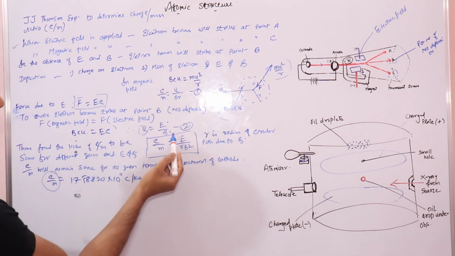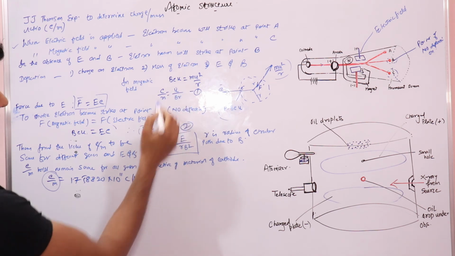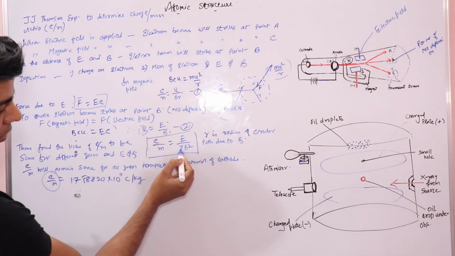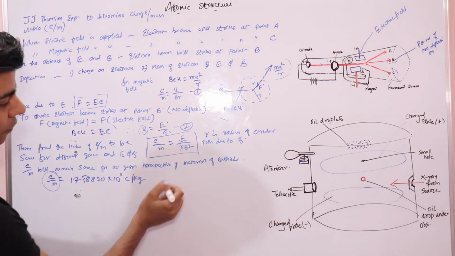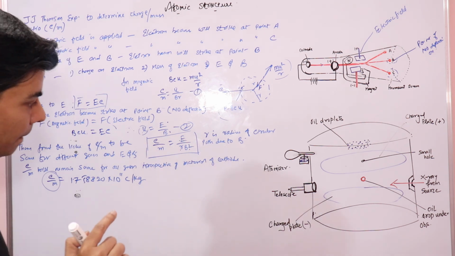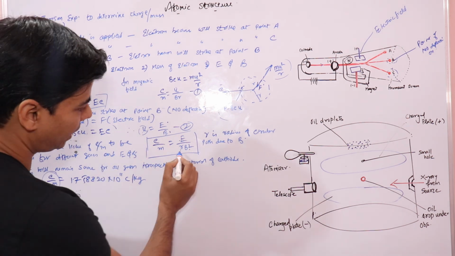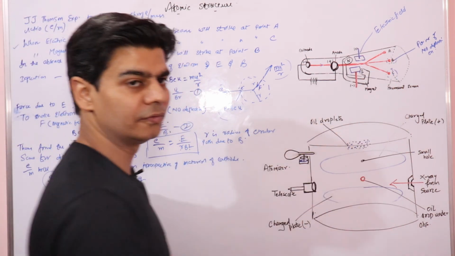We will substitute the value of u from equation 2 in equation 1. What we get is e upon m is E upon r B square. E is your magnitude of electric field, B is the magnitude of magnetic field, and r is the deflection that is caused by magnetic field.